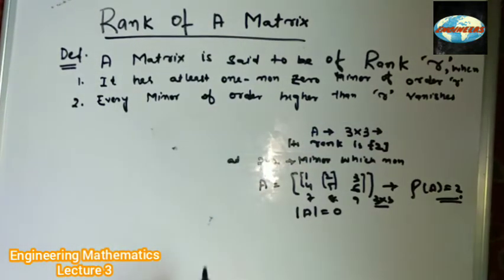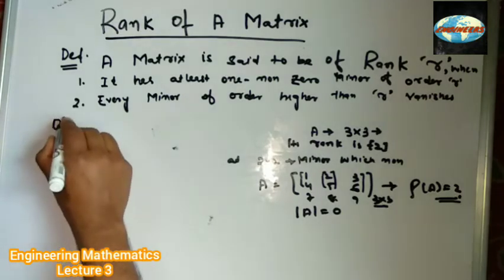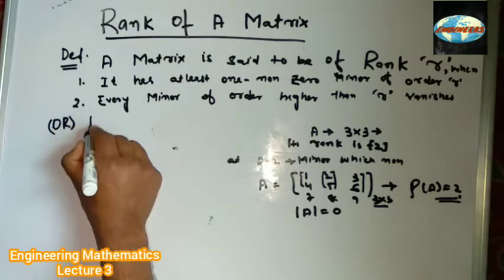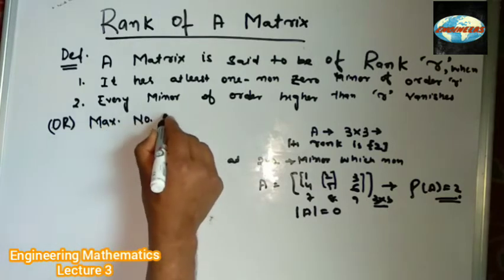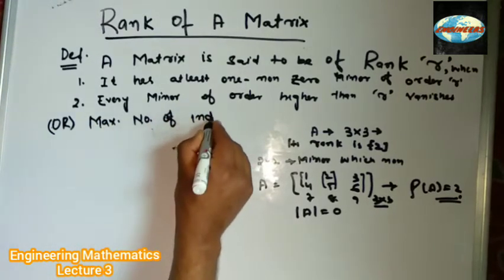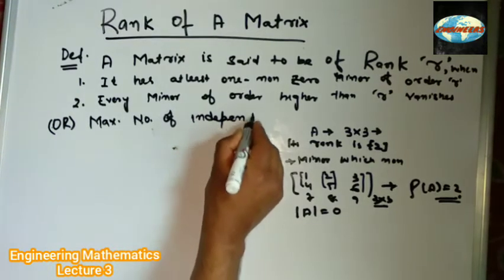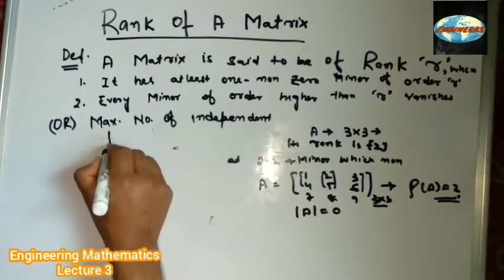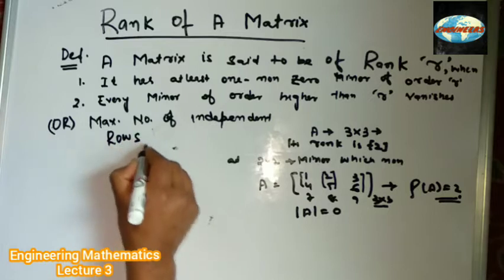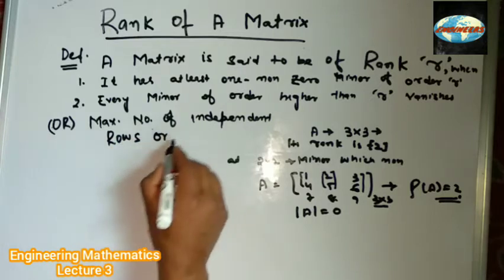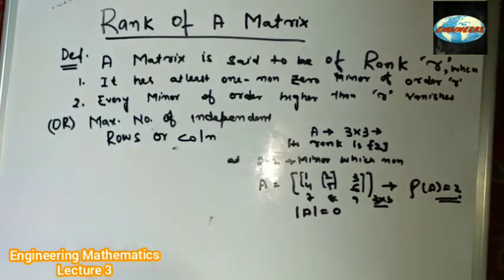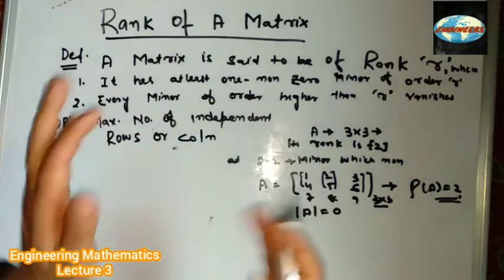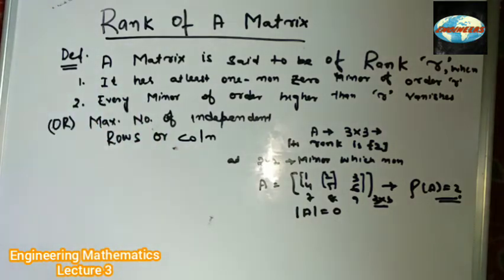And there is one more definition, or we can say in other words, the maximum number of independent rows or columns in a matrix is also known as the rank of a matrix.